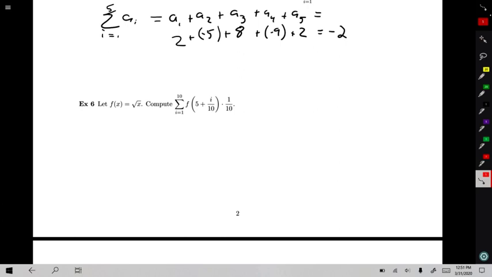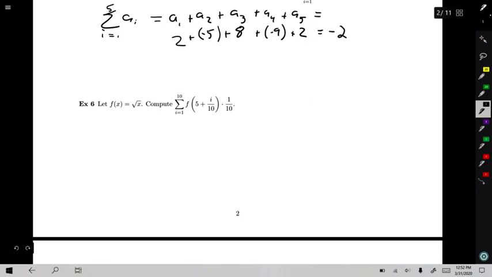So we want to apply our usual approach for doing this actual sum. We're going to first identify where i is starting. In this case, i's starting value is 1. So I'm going to take that starting value and use it in this expression for i.